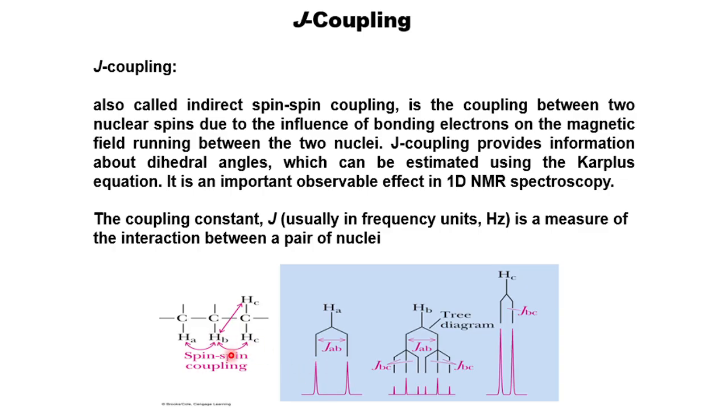Now, in the case of HB, since it is interacting with both HC and HA, you will get this type of peak. So, this is a single proton, but because of this very small influence, you get this much hyperfine structure.